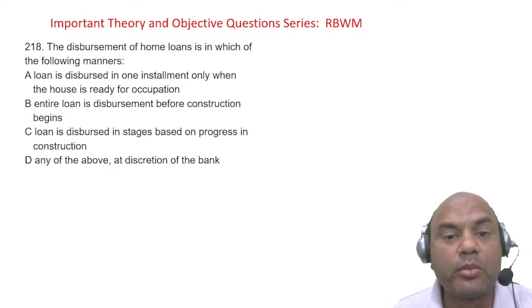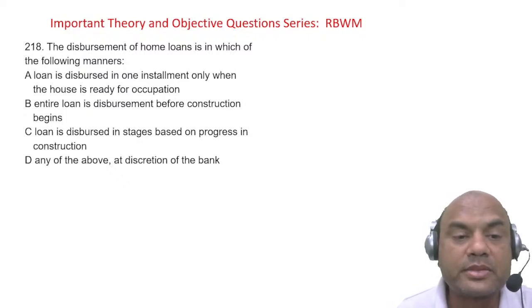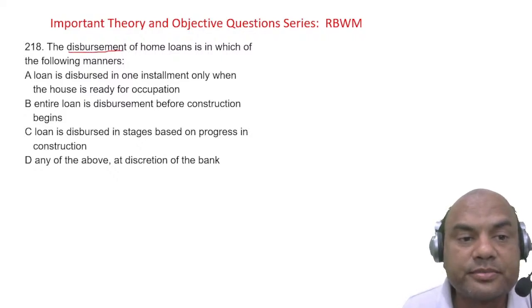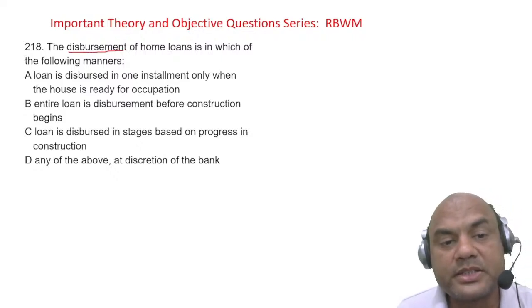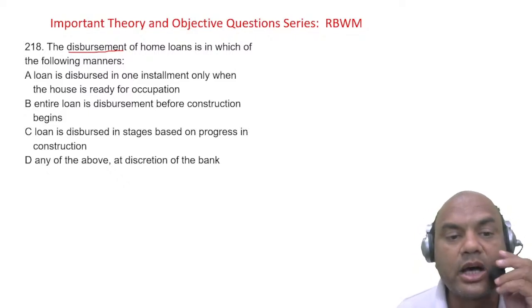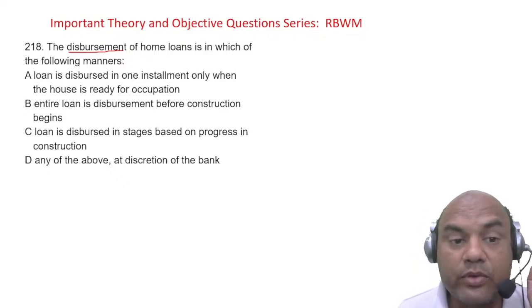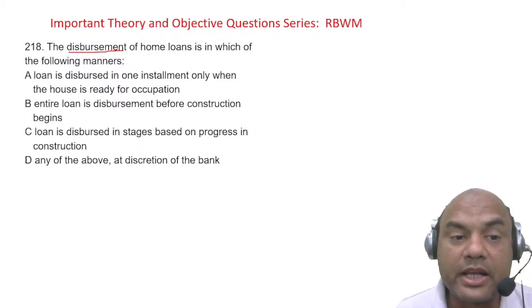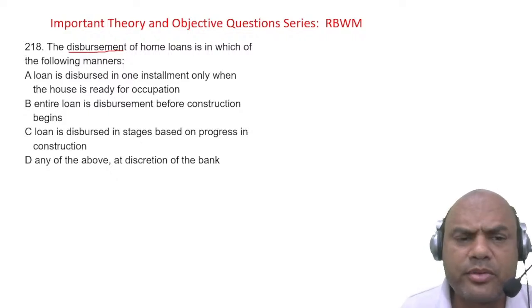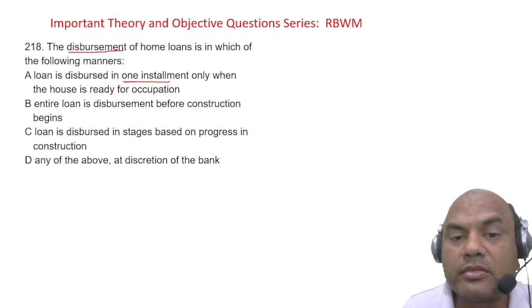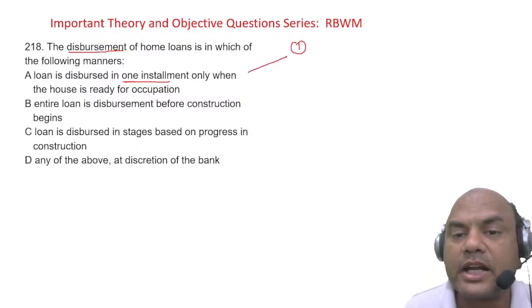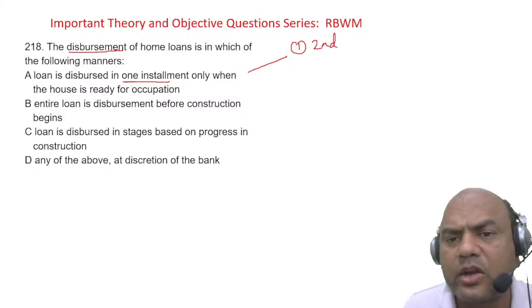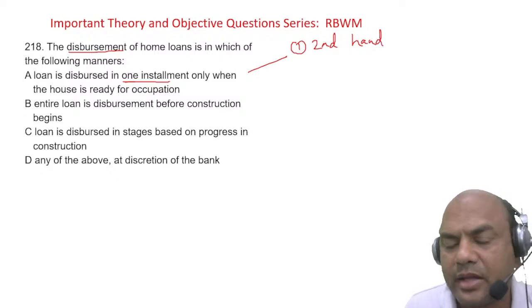The disbursement of home loans is in which of the following manners? Means, how do we disburse the home loans? The loan is disbursed in one installment only when the house is ready for occupation. This will happen when you buy a second-hand flat or house, then it is ready, right?